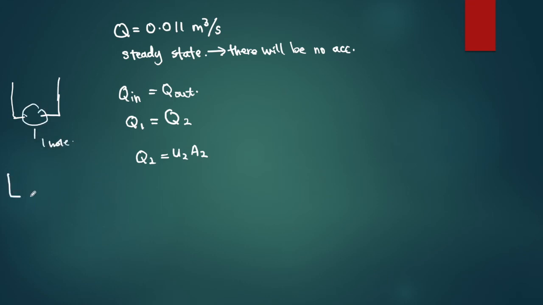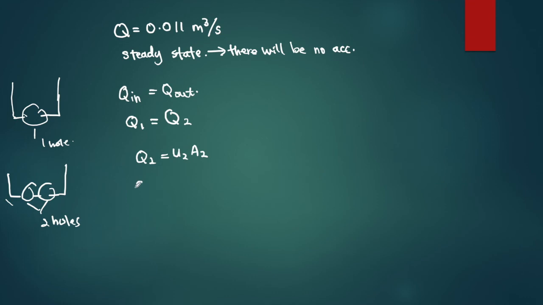If you have two holes here, 1 and 2, therefore you have to put 2 here because there will be 2 holes. If you only calculate one hole, that means you are not averaging the values of velocity here.